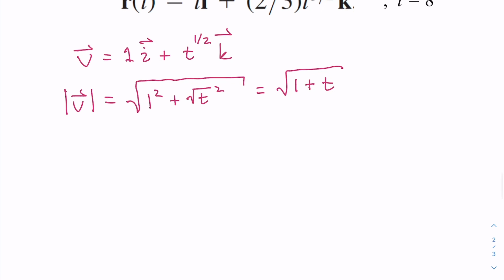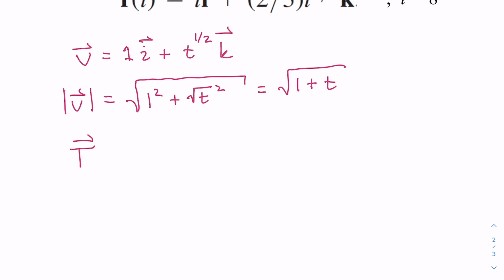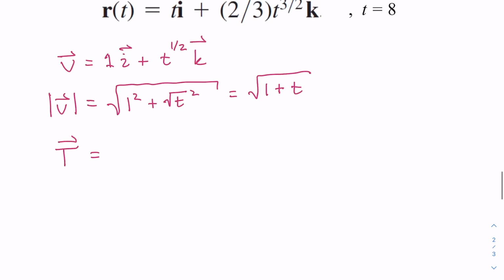So now we'll find our generic unit tangent function, which in this case will be 1 over square root of 1 plus t in the i direction plus square root of t over square root of 1 plus t in the j direction.